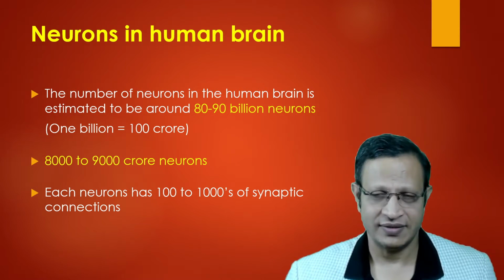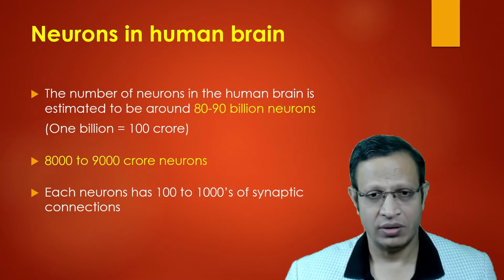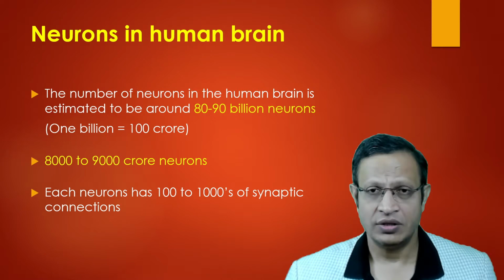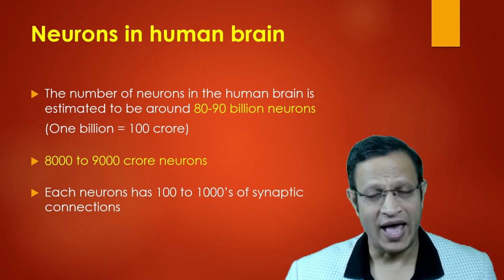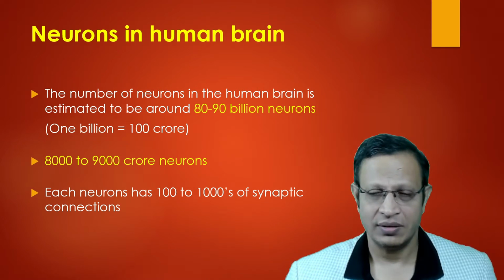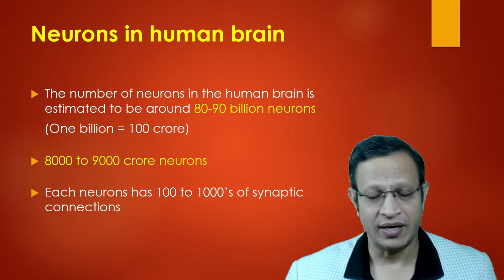Each neuron will have 100 to thousands of synaptic connections with other neurons. That means a single neuron can form thousands of synaptic connections. So you have 80 to 90 billion neurons into thousands of synaptic connections.